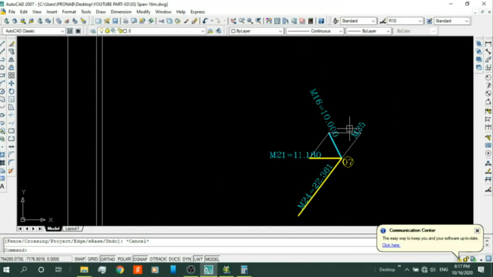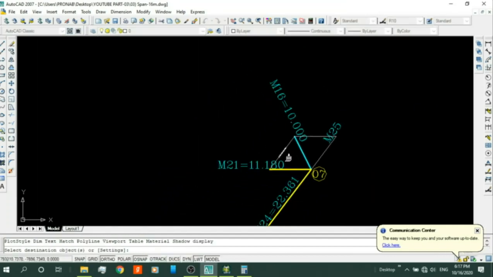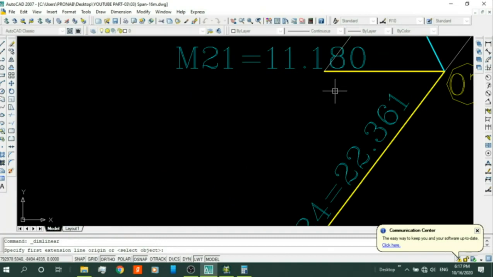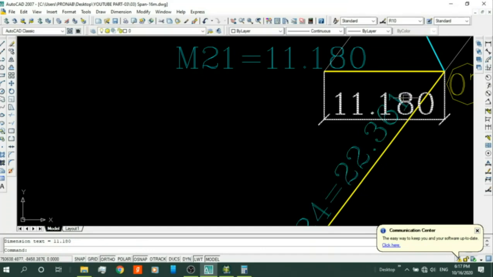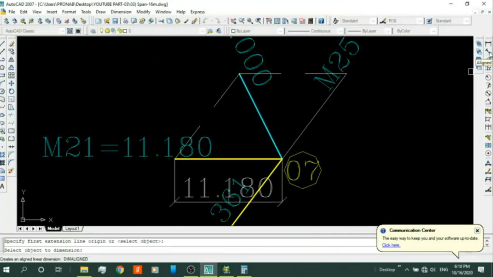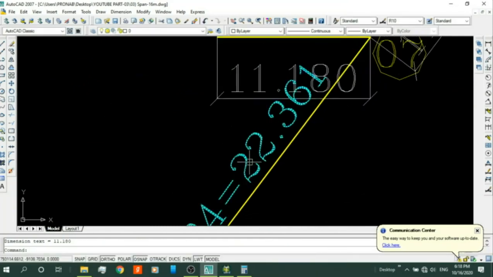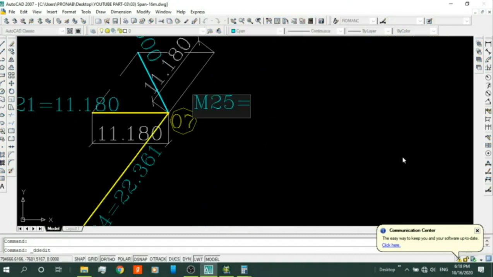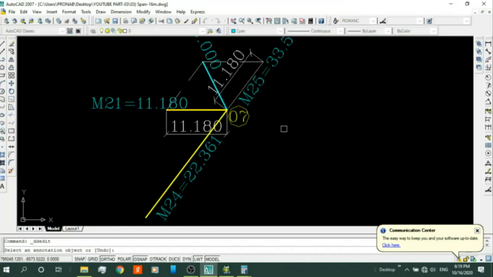These two are the sides of a parallelogram, so we know M21 is equal to 11.180. I'm just checking. Okay, 11.180. The value of M25 is equal to 11.180 plus 22.361. M25 is equal to 33.541 kilonewton, and this is also a compression member.